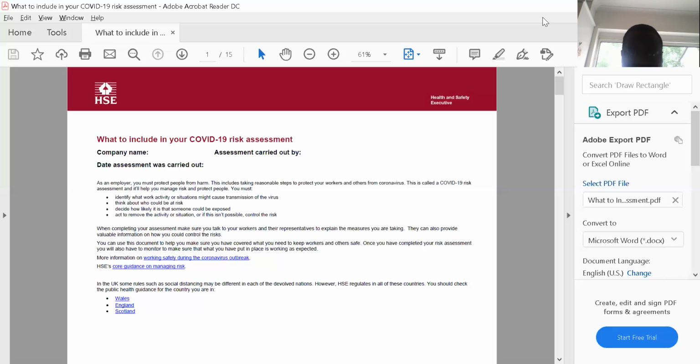I've already mentioned what to include in the COVID-19 risk assessment. It tells me and you, my listeners, that you need to include your company name. It talks about the date the assessment was carried out. As an employer, you must protect people from harm. And then there's someone my JAWS screen reader missed earlier: who carried out the assessment.